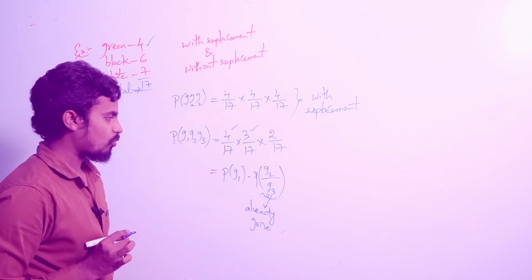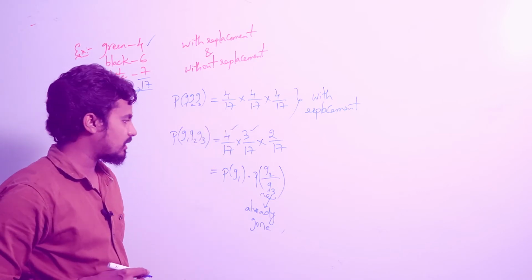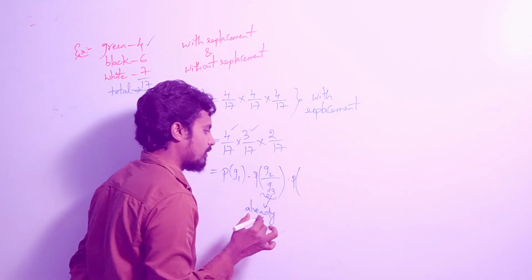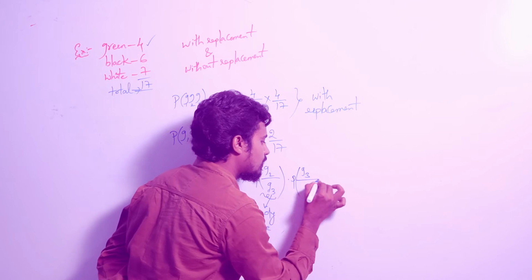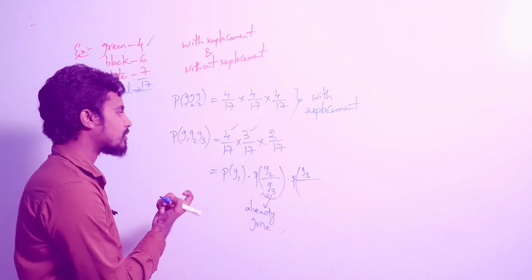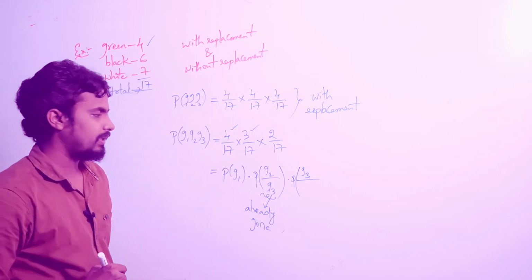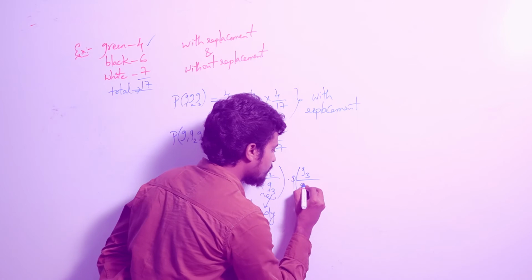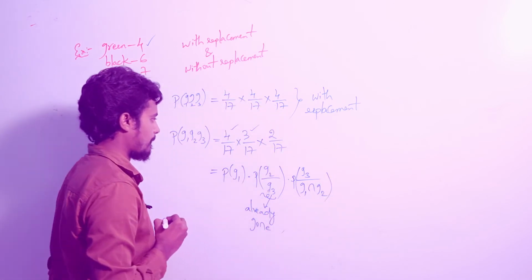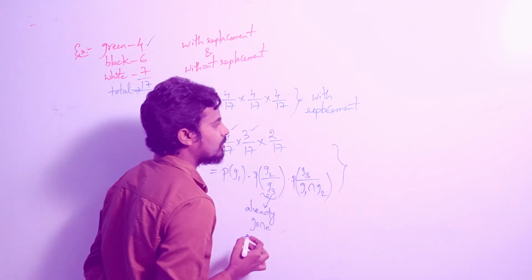And next, for the last event, that will be G3. This will become the probability of G3 given the intersection of G1 and G2. You have to take the intersection between G1 and G2, and you will get G3. This will be for the without replacement.